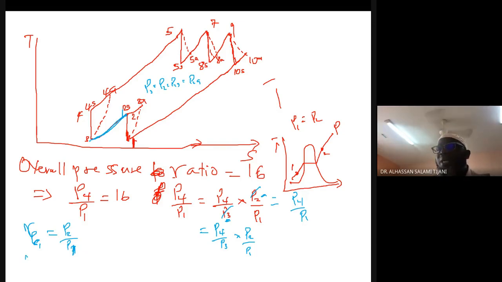And then RP for compressor number 2 equals P4 divided by P3.